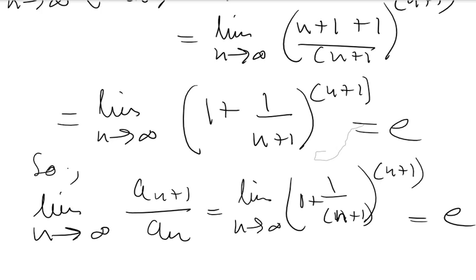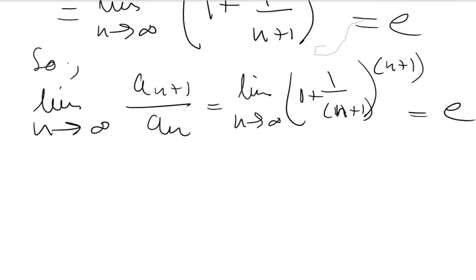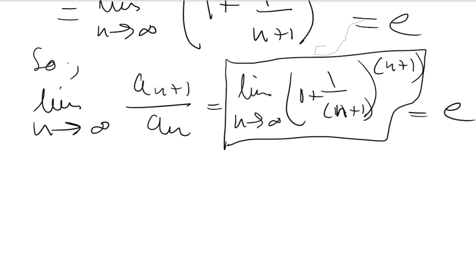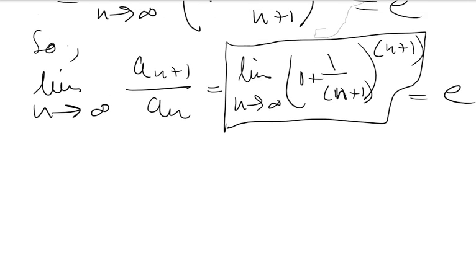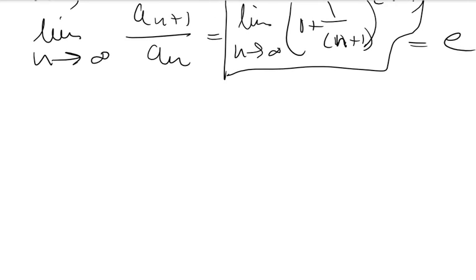Proved. Now all of you know how this is e, how this part is e. In case those of you who don't know how this part is e, let me just show you.